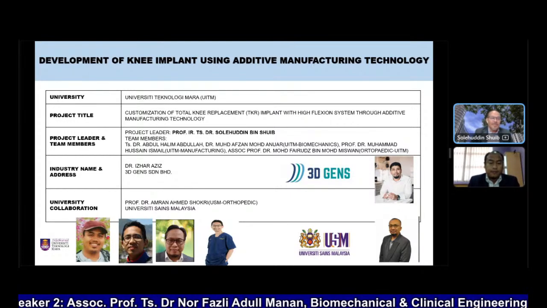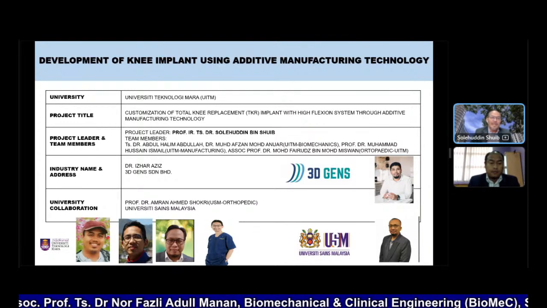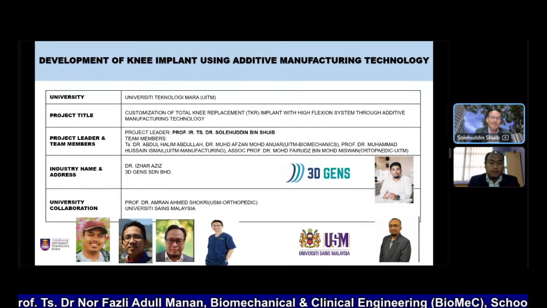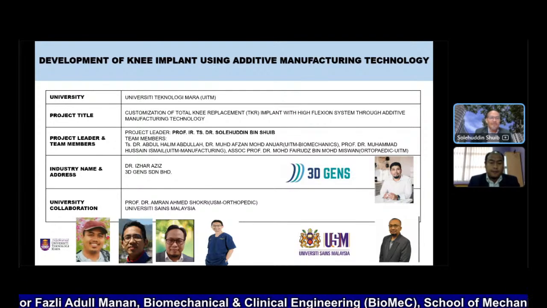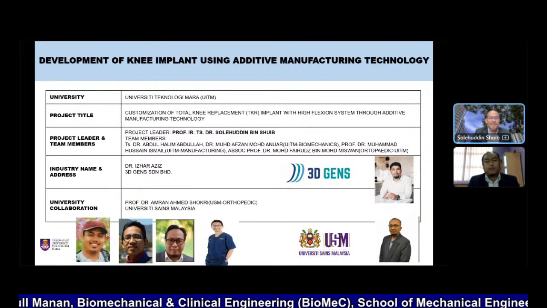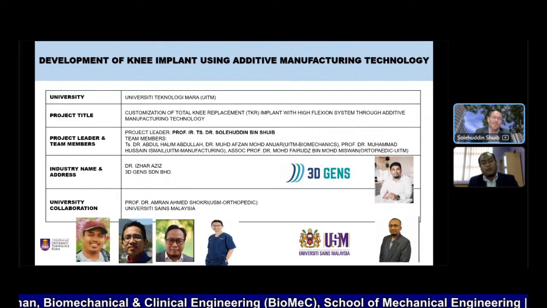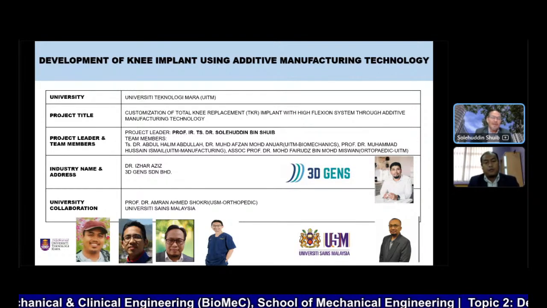Basically, this project is very dear to our group members because the cost of the implant is very expensive, and when we talk about the population in our region, most of us are Muslim.